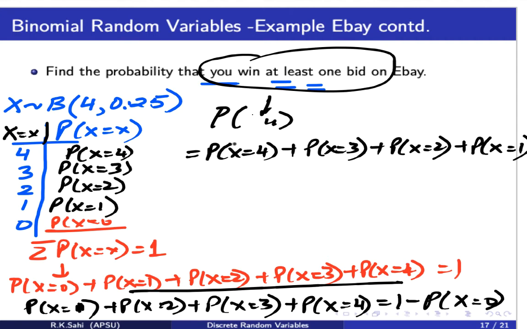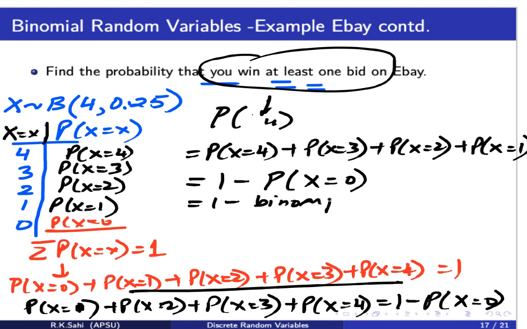So I can make my life simple: we just have to do one probability. In other words, 1 minus binomPDF, with the number 4, 0.25, and 0. Let's take the calculator.